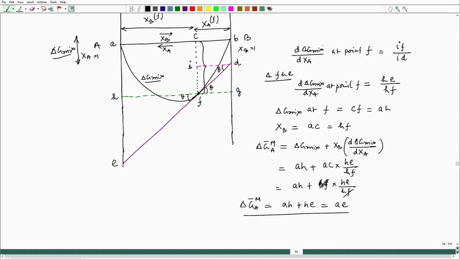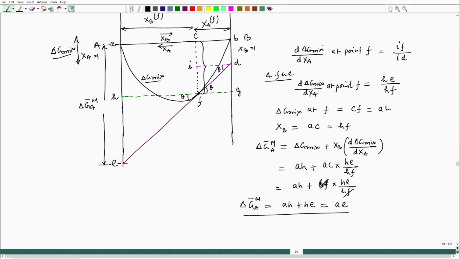So I could see that this length is nothing but delta G A bar M.